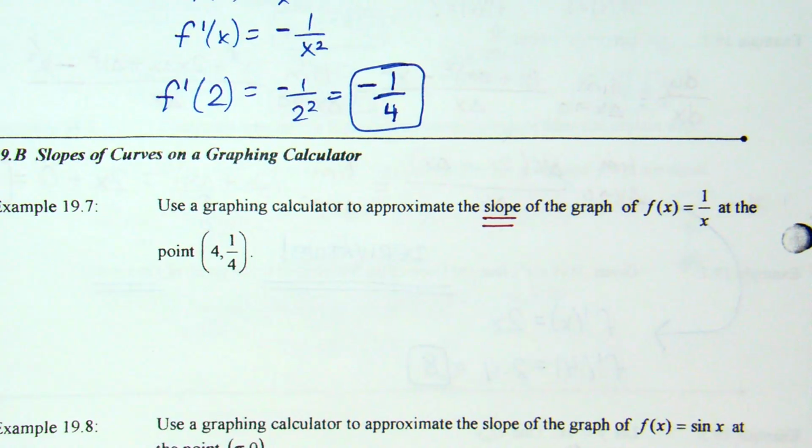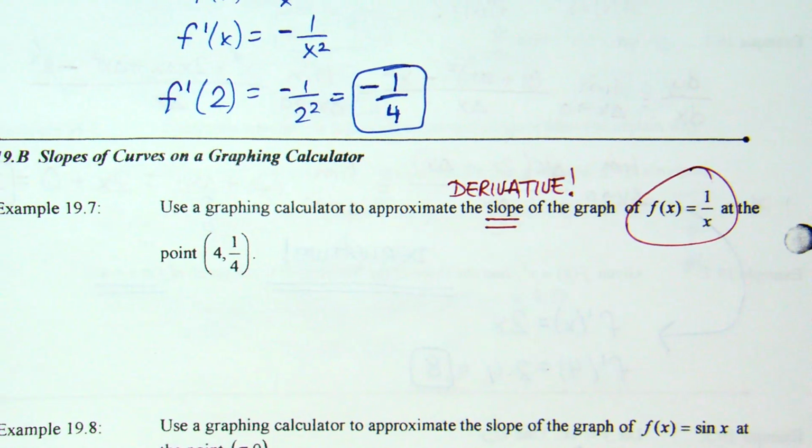Derivative. Which, the important part of that ordered pair, what is the x value? The x value is 4, and that's what we need to know.